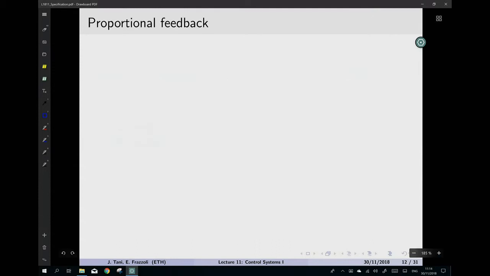So remember that what we're doing here is considering the fact that we have a plant, a function of s, with its output. And this output is something that we might choose because we decide to control the plant with feedback, and compare it with the desirable values of this output, something we call the reference signal.